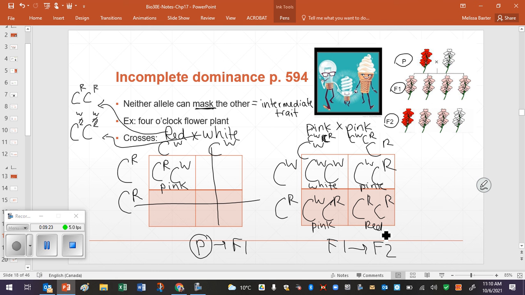So it's different than complete dominance. Now if you look at these proportions, I have one white, two pink, one red. And that's exactly what's shown in that picture right above. So the ratio of white to pink to red would be 1 to 2 to 1.